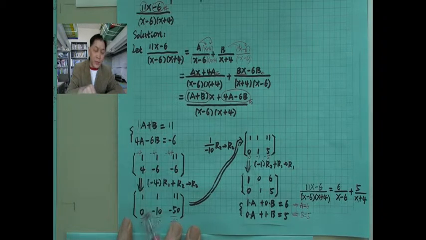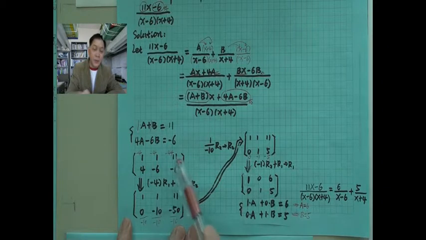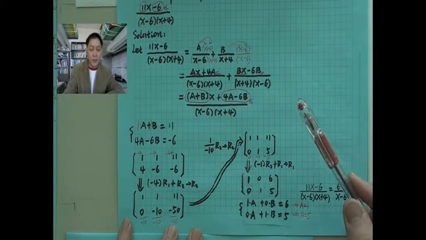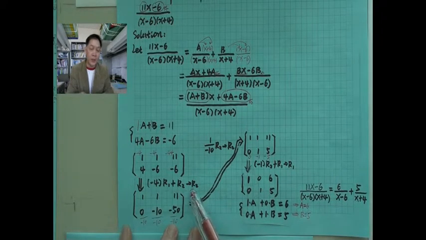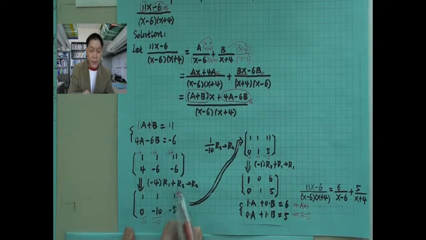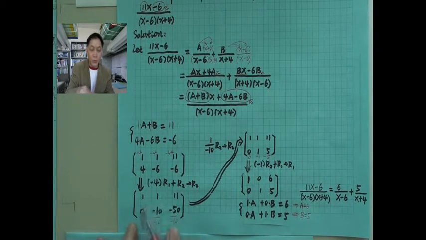Negative 4 plus 4 gives 0, negative 4 plus negative 6 gives negative 10, and negative 44 plus negative 6 gives negative 50. The first row, 1, 1, 11, we copy down because we didn't do anything with it. This operation is row 1 times negative 4, added onto row 2, giving a new row 2.